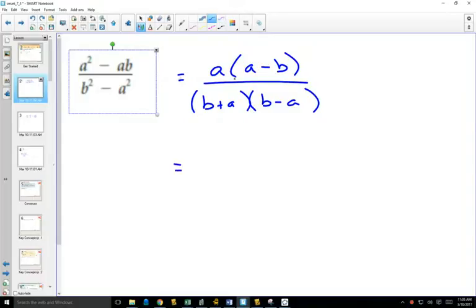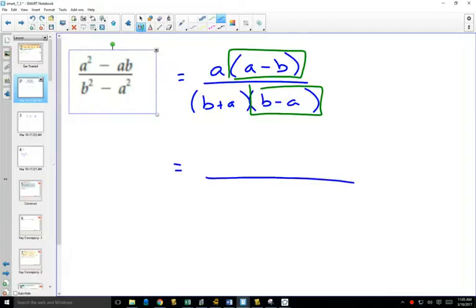But this, you might remember seeing this before. What do you do if you have a binomial where one is a minus b and the other is b minus a? What could you do to make those the same? Well, if you factored out a negative 1, so I'll do that out of the top one. If I factor out a negative out of here, can you see that the a would become negative and the b would become positive? If I took a negative 1 out of the a, I'll get negative a.